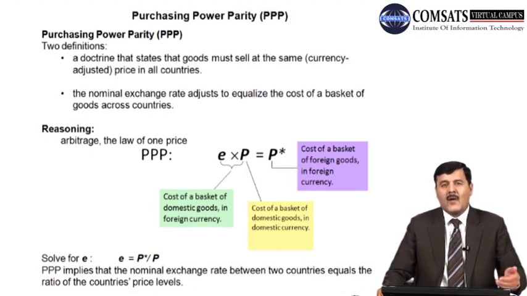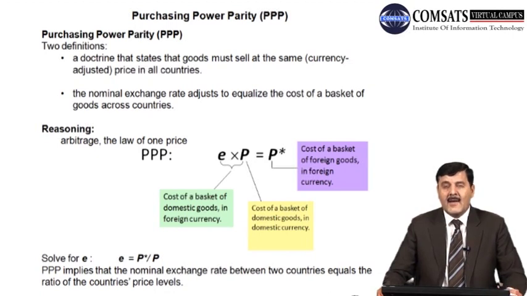It is also known as the law of one price. We can express this law as E times P is equal to P star. E times P is the cost of a basket of domestic goods in foreign currency, and P star is the cost of a basket of foreign goods in foreign currency. P is the cost of a basket of domestic goods in domestic currency.